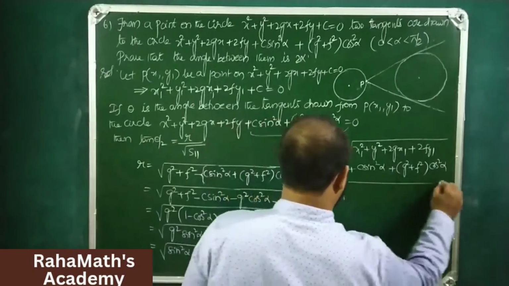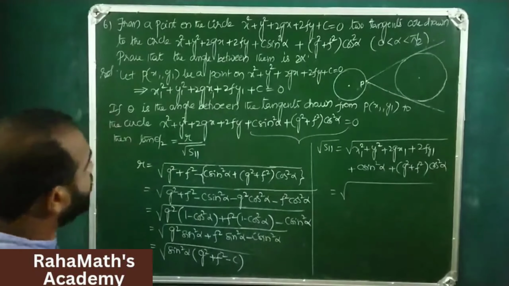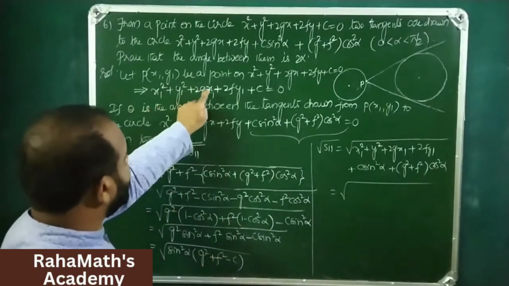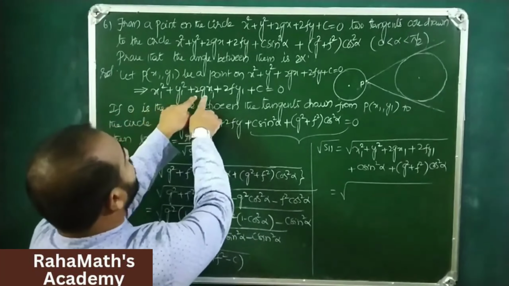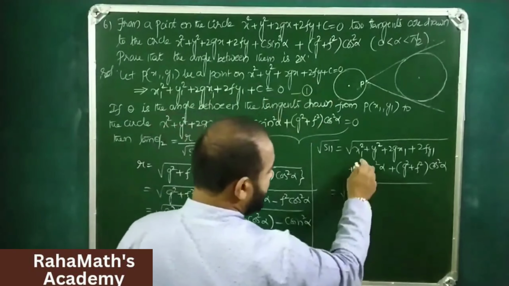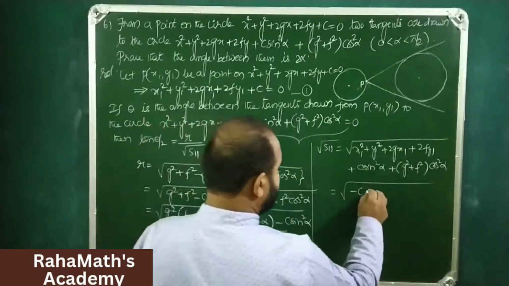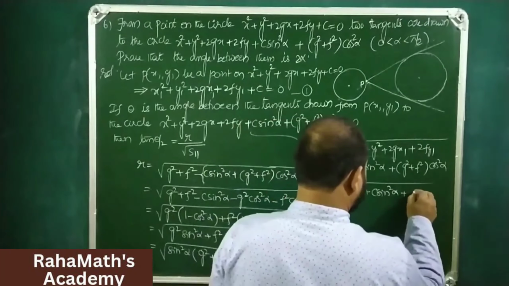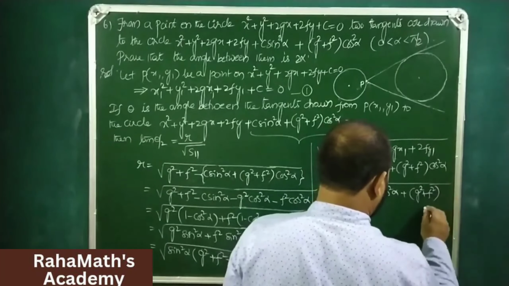Since x1 square plus y1 square plus 2gx1 plus 2fy1 plus c equals to 0, then x1 square plus y1 square plus 2gx1 plus 2fy1 equals to minus c. So I will substitute this as minus c plus c sine square alpha plus g square plus f square cos square alpha.